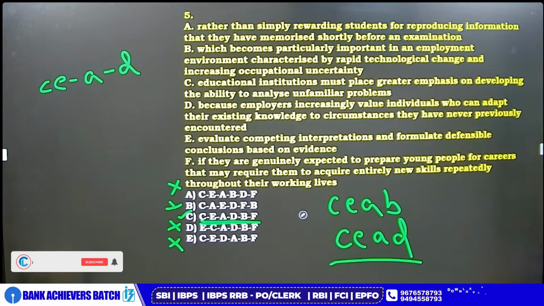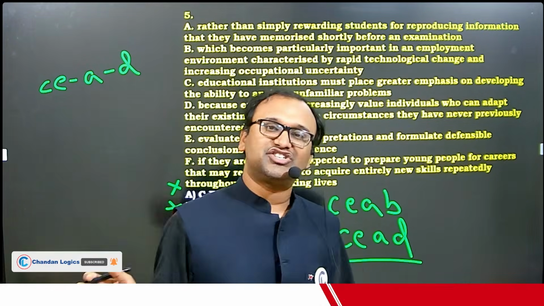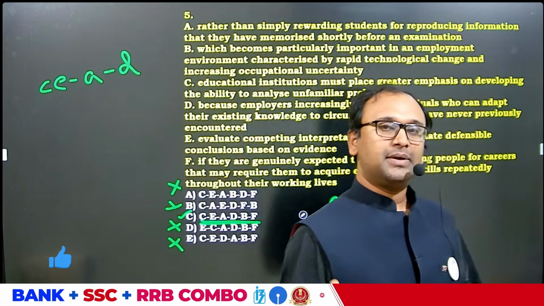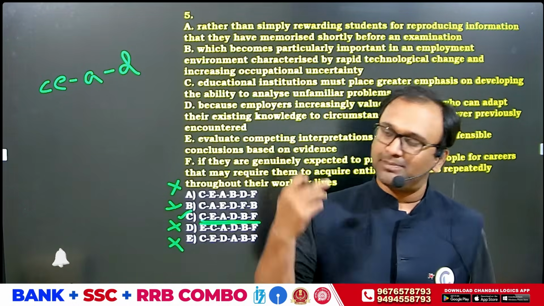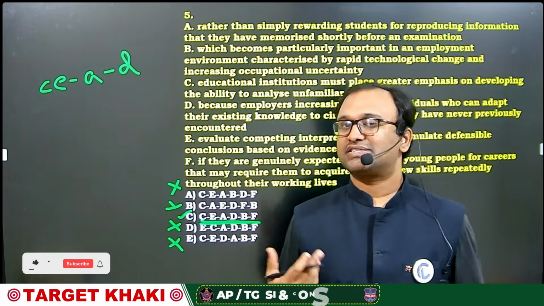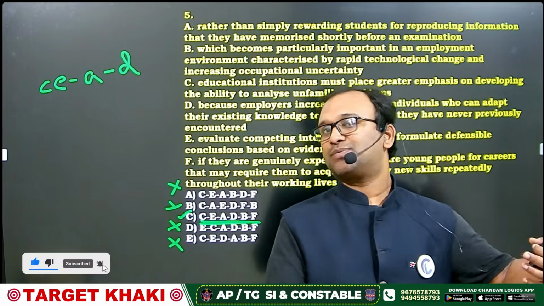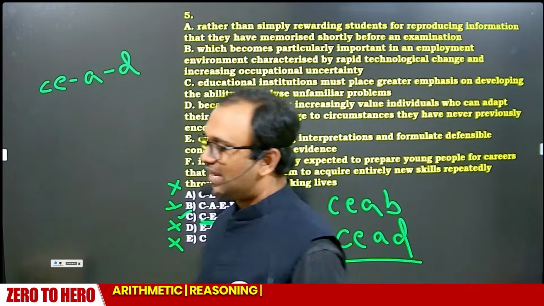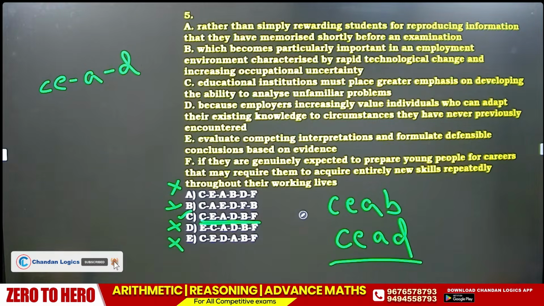You are trying to say the education sector must focus on improving these skills rather than simply giving rote education, because employers want not just certificates, employers want better skills, conflict management skills, extempore skills.